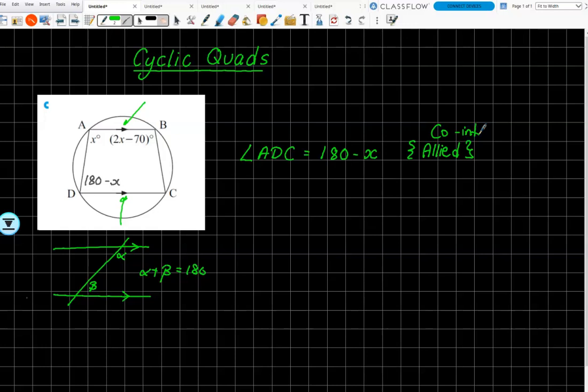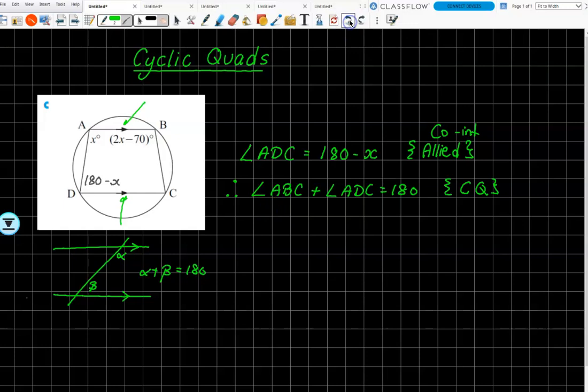Anyway, and therefore, we can now say that angle ABC plus angle ADC equals 180 degrees. Why? Cyclic quad, CQ, baby, CQ, cyclic quad. If you want to write cyc quad, go for it. If you want to write the whole thing, love it.